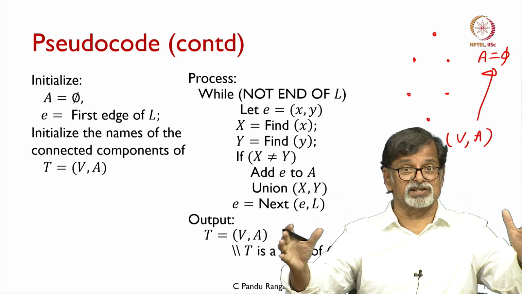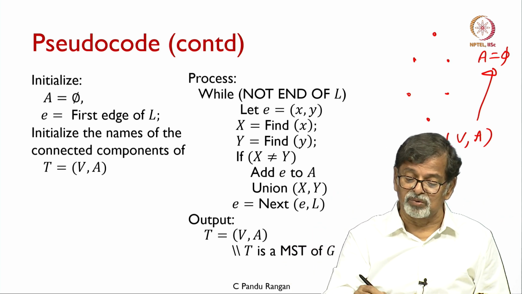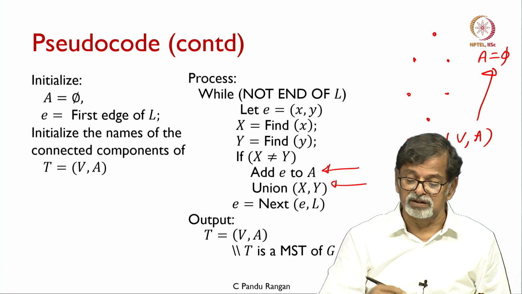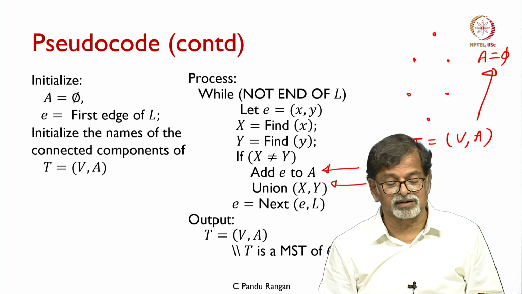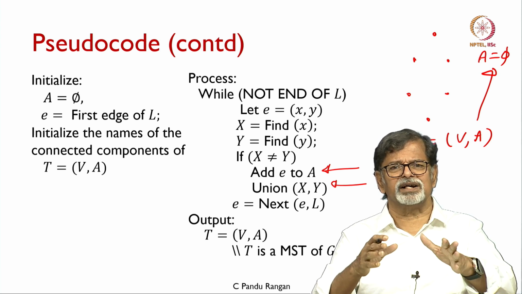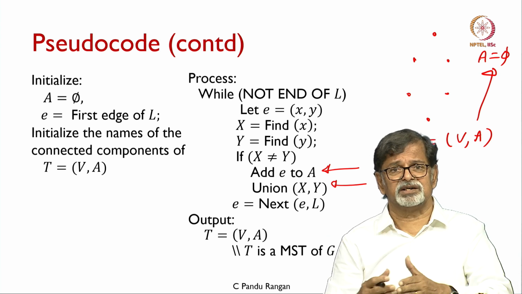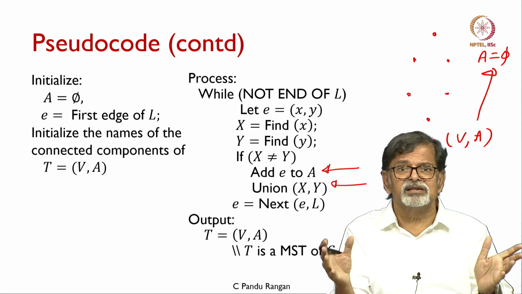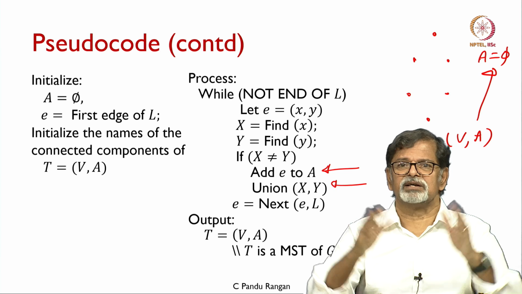If they are not the same, then we add E and perform the union of these two connected components. If x equals y, we simply ignore that edge and go to the next edge. Therefore, I am not writing anything in the else part, as it does nothing. There is no else part.